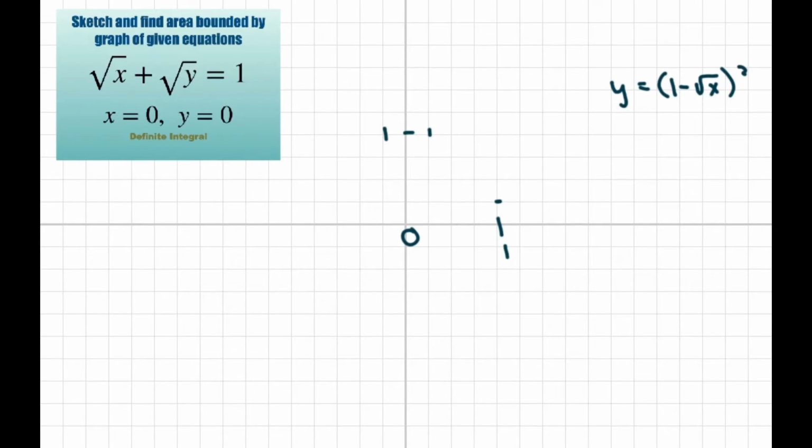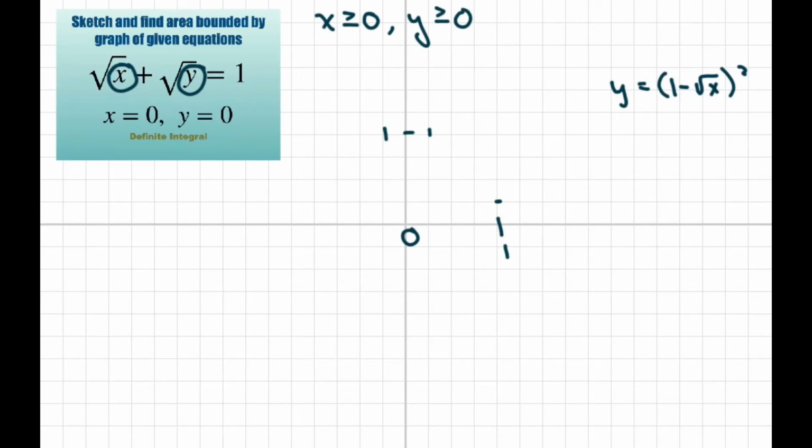All right, so the first thing we want to look at is our domain here. If you have this square root of x, that means our x has to be greater than or equal to 0. For the y, our y also has to be greater than or equal to 0.